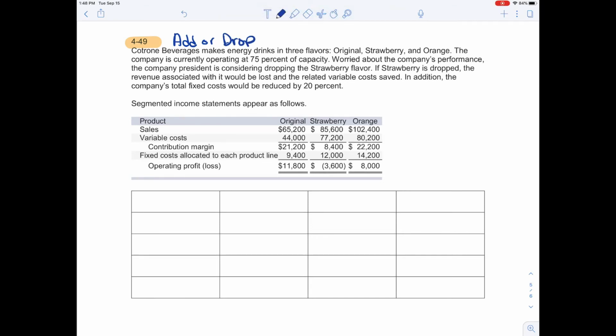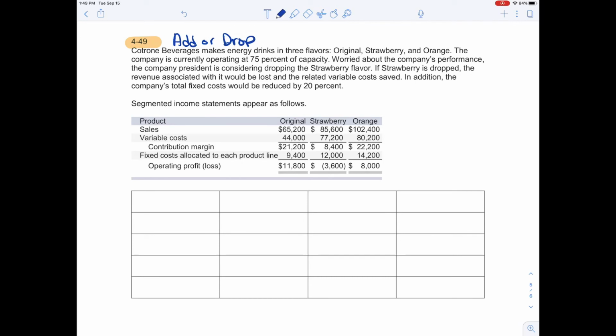It's looking at adding or dropping a segment. So here they're telling you that strawberry line is not making money. So should we automatically get rid of that strawberry line? There's a little bit more to consider besides just looking at that bottom line as it is right now.